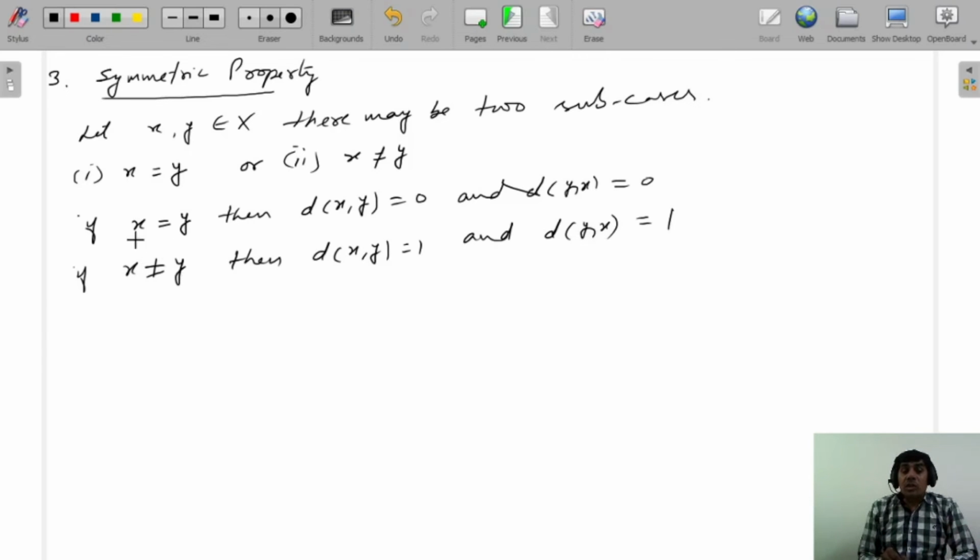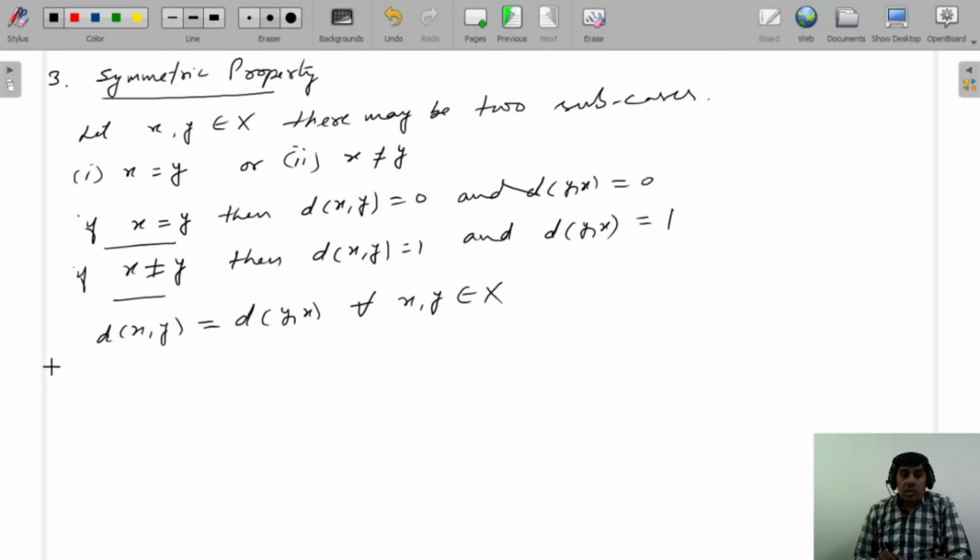Therefore, in these two cases, we see dxy is equal to dyx for every x and y belonging to capital X. So, the symmetric property is also satisfied.